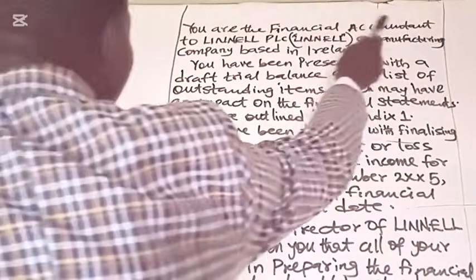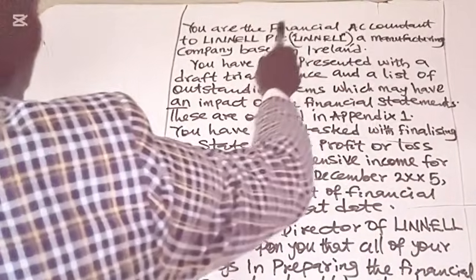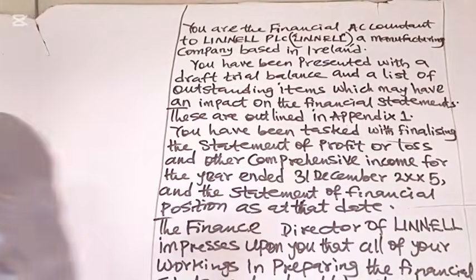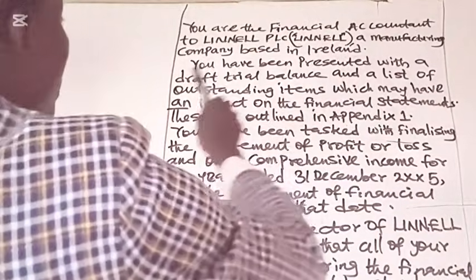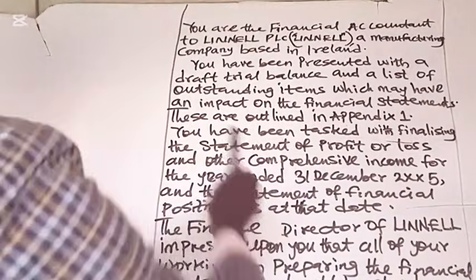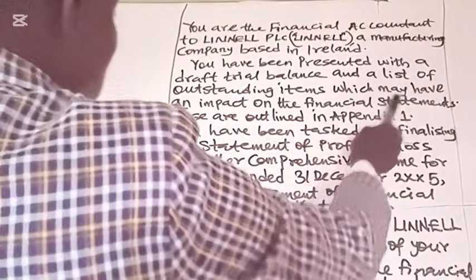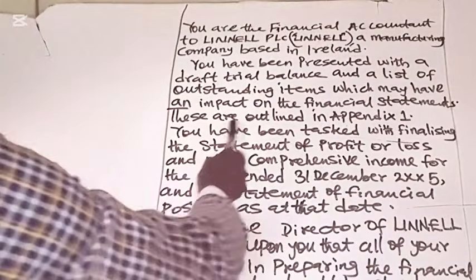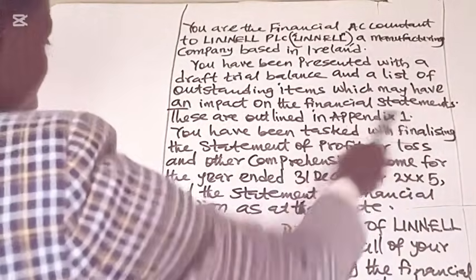You are the financial accountant to Lease PLC, a manufacturing company based in Ireland. You have been presented with a draft trial balance and a list of outstanding items which may have an impact on the financial statements. These are outlined in Appendix 1.